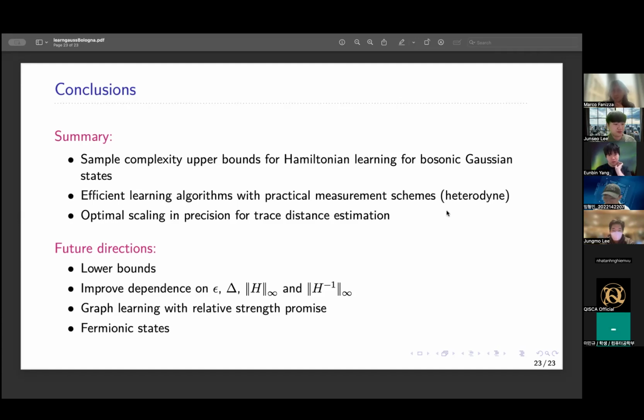But anyway, one thing that I would really care about would be to simplify the dependence on the condition number of the Hamiltonian. That's really something that bugs me, and I think it should be possible to reduce it by a large degree.